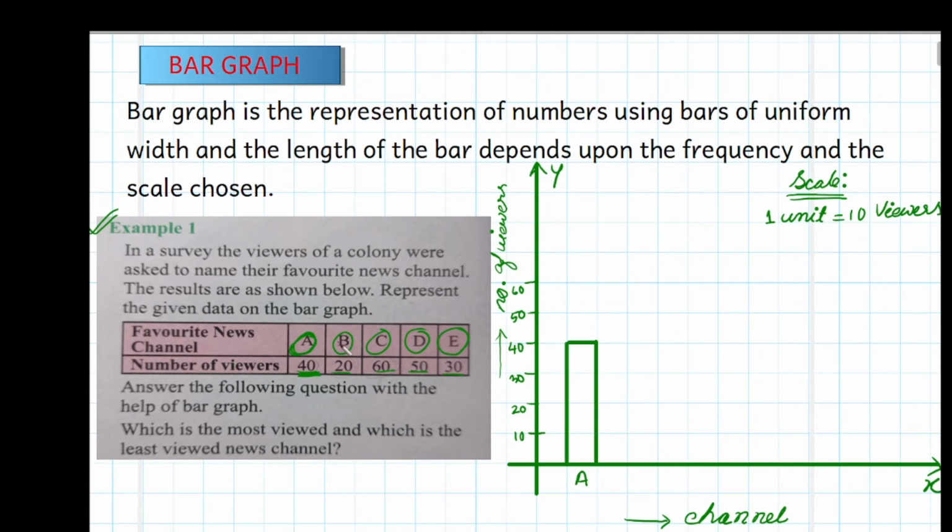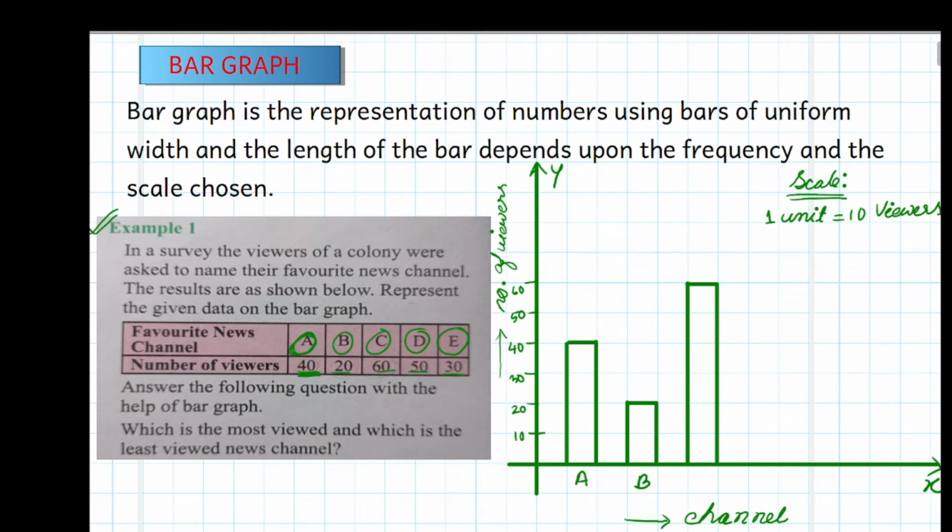Next will be B. B is 20. Okay, this is 20. That means this is B channel. Next, channel C, how many viewers? 60. When you draw the bar graph, you must use a scale. Don't draw with free hand.